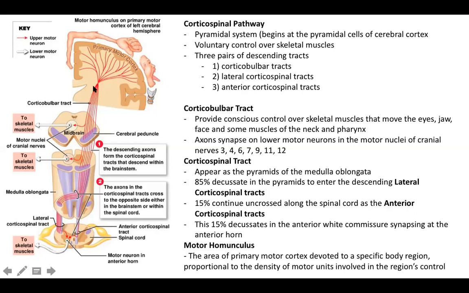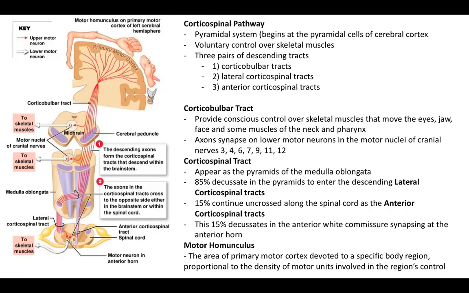Okay, so we have our corticobulbar tract. Then that splits, 85% crosses over to the lateral corticospinal tract, and 15% stays on the same side for the anterior corticospinal tract, and then that decussates at the spinal level to go out to the spinal nerve, or the skeletal muscle.